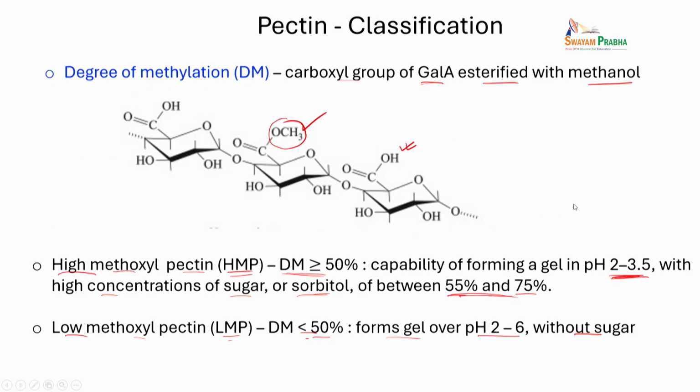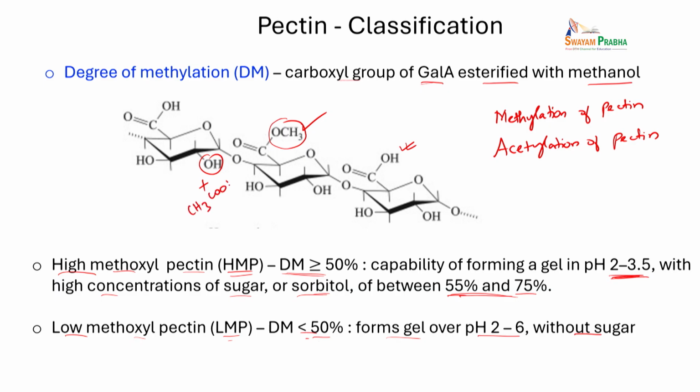There is one more thing. This is called methylation of pectin. There is also something called acetylation of pectin. In that case, one of the OH groups that you have here combines with acetic acid, and this group becomes OCOCH3. So one of the groups becomes acetylated.